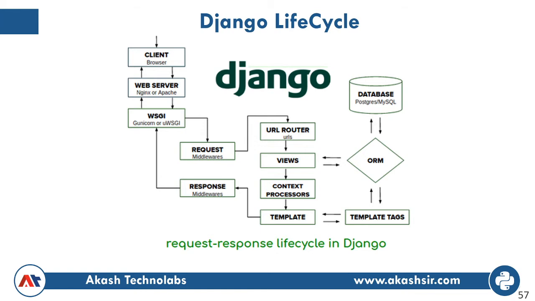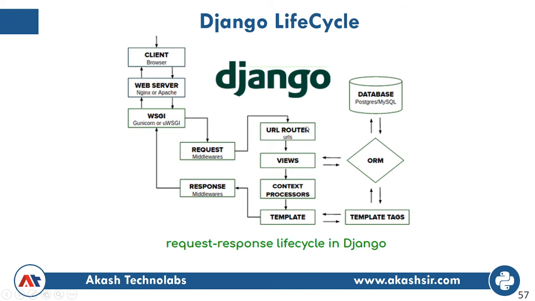So this is a basic life cycle of Django. For example, whenever you give any request, first the browser sends the request to the server. The server sends the request to the WSGI file, and middleware checks whether the request is appropriate or not. If it is appropriate, it is sent to the URL, and the URL checks the routing files.